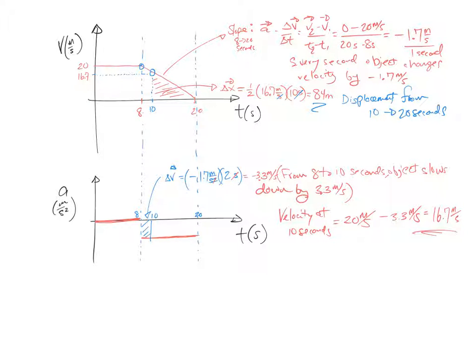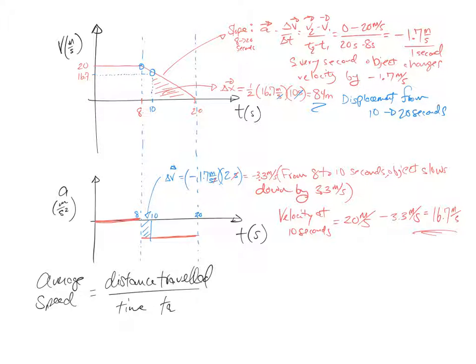Now, let's say I wanted to find the average speed, right? Do that down here. Well, that's going to be the distance traveled divided by the time taken. So I can just look at the total area under my velocity graph and not worry about positive or negative. So this rectangle, let's see that area first, okay?